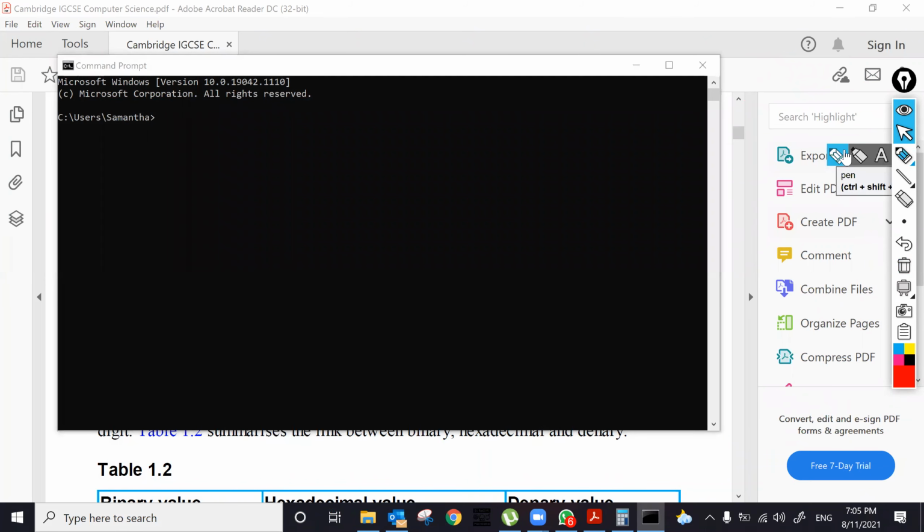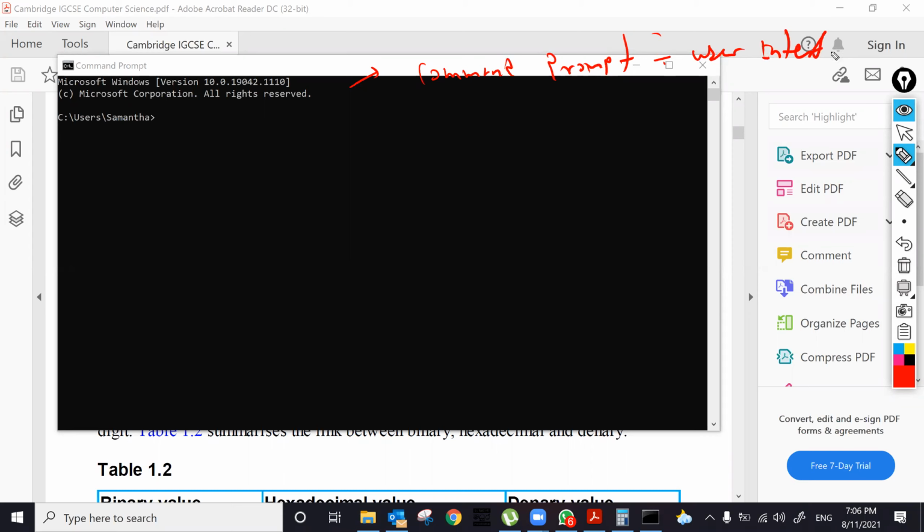Actually I would like to do the session with mostly demonstration, because this is a subject of computer science, so whatever things I can elaborate, I will use. This is called command prompt. This is a kind of user interface.